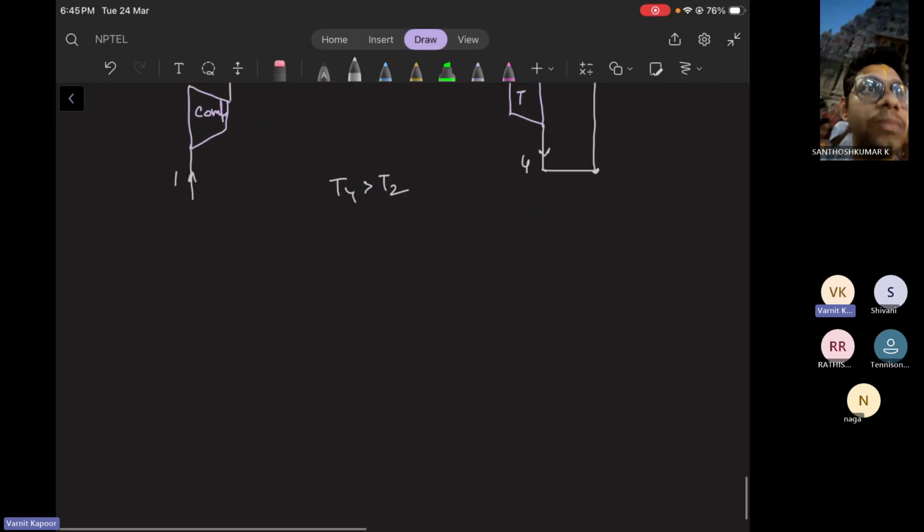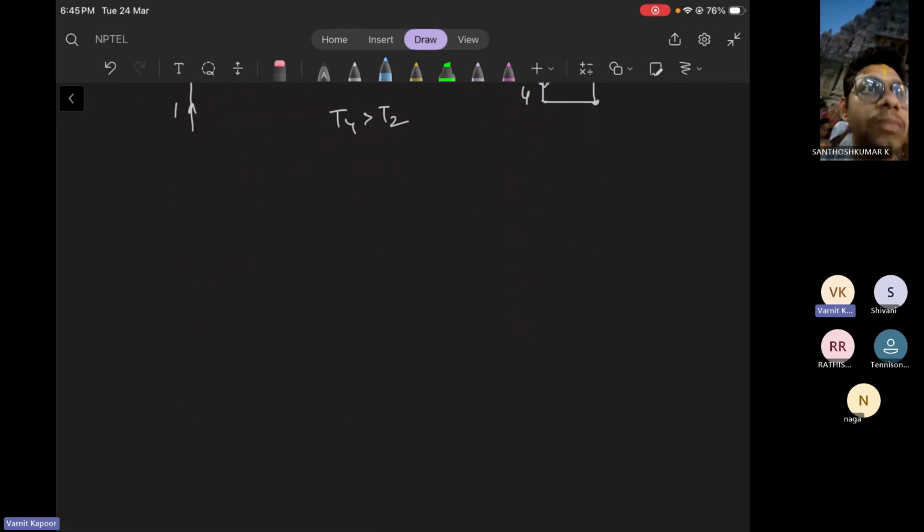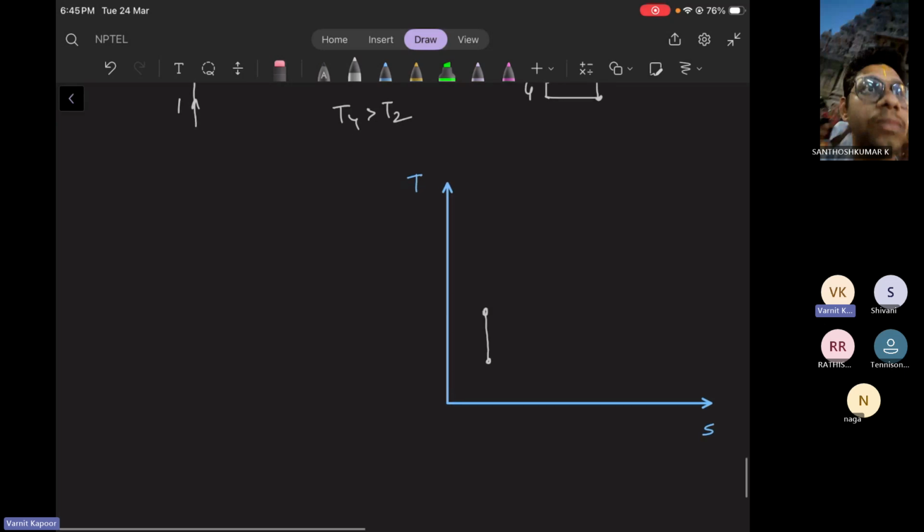Now let us draw the plot for it also. Temperature, entropy. So from 1 to 2, it was a compression process.